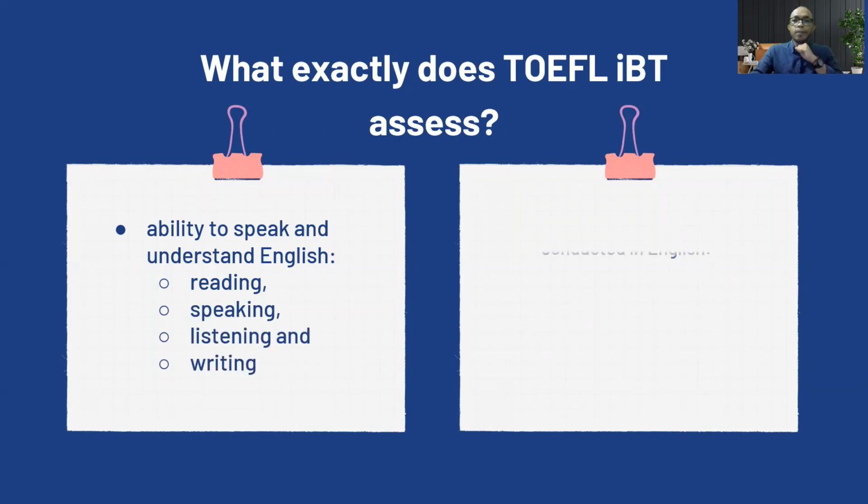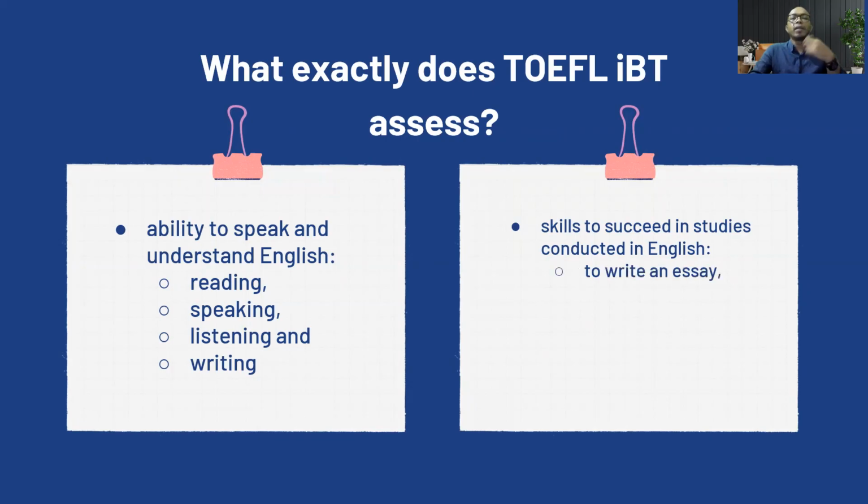Now, besides checking your 4 language skills proficiency, the TOEFL iBT also wants to see your academic skills. Okay, and what academic skills means here is your ability to succeed if you were to study in an English environment.